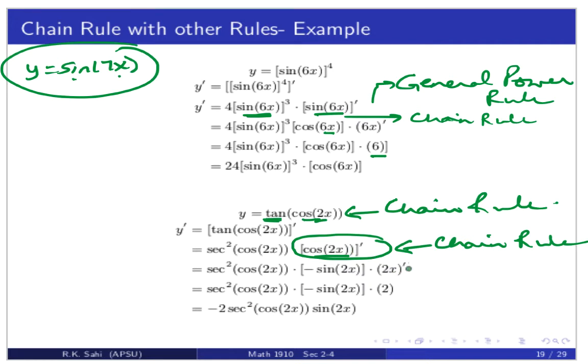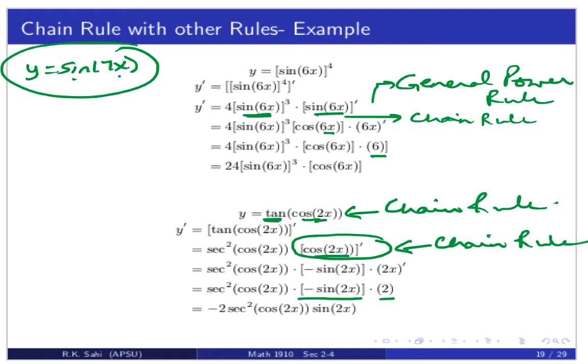The differential of 2x is a 2. So the expression you get is secant squared cosine 2x times negative sine 2x times 2. Remember how careful I am with my brackets and parentheses, so you've got to be very careful too. Now take the negative and the 2 in the very front and write down the expression. You get negative 2 secant squared cosine 2x times sine 2x.